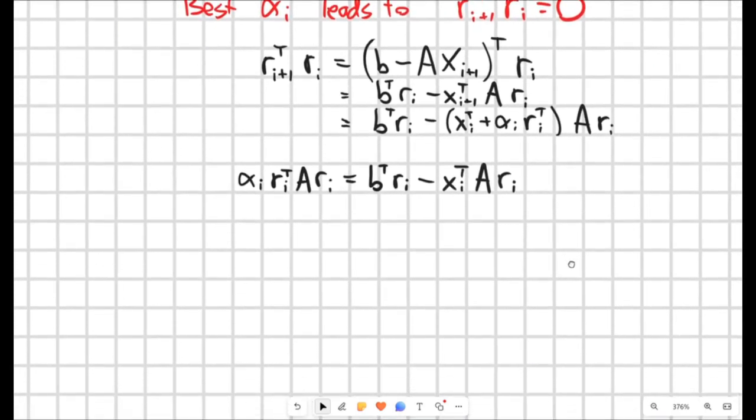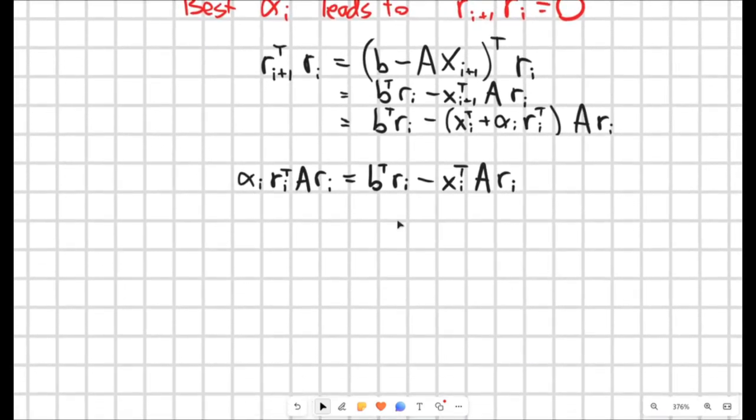Okay, so nearly there. There's an Ri common to both of these, so I'm just going to take that outside of these brackets. So we have B transposed minus xi transposed A multiplied by Ri, and then this is actually our definition of the ith residual. So the whole thing comes out as being equal to the ith residual transposed multiplied by Ri.